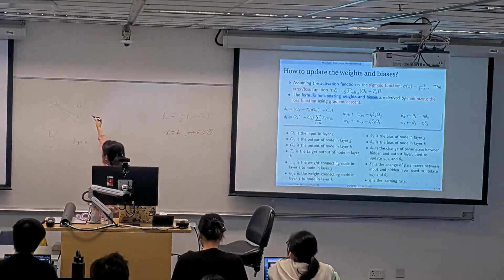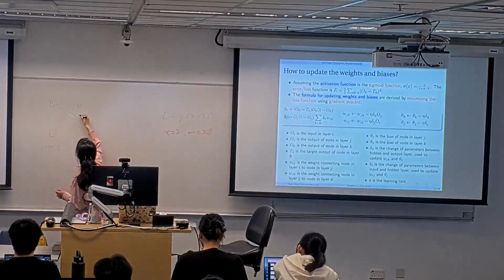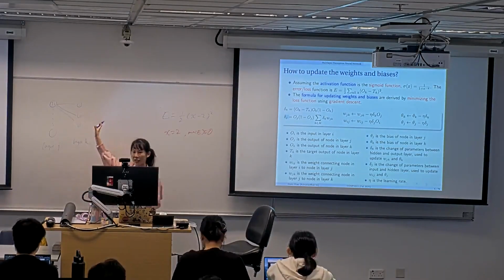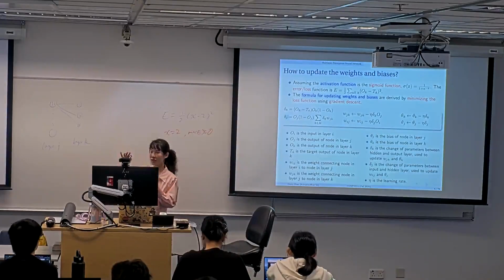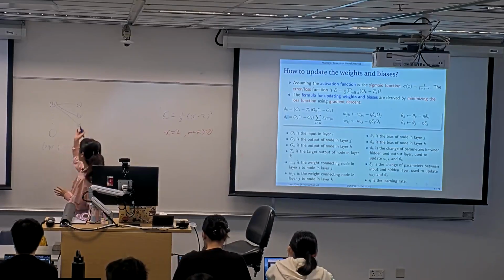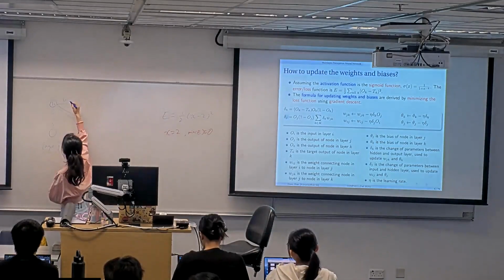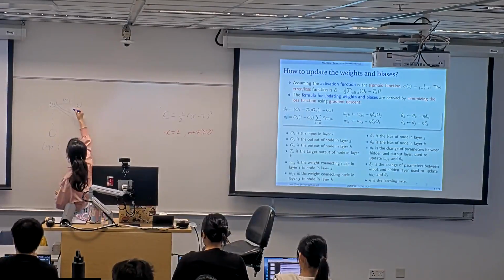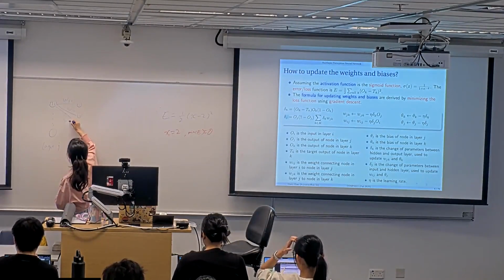Let's call them K1, K2, and K3. For these 3 edges, they are associated with weight parameters: this is W11, this is W12, this is W13.